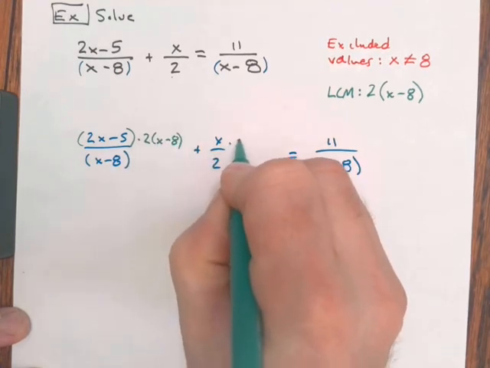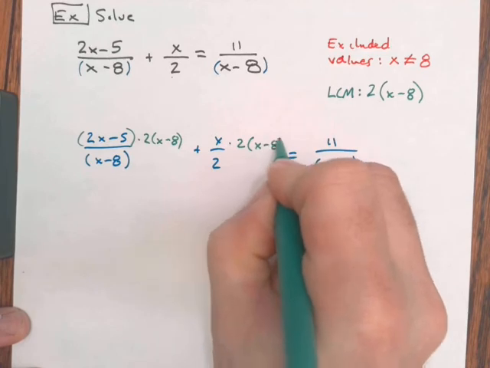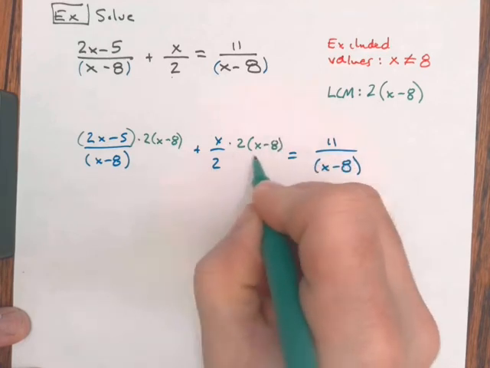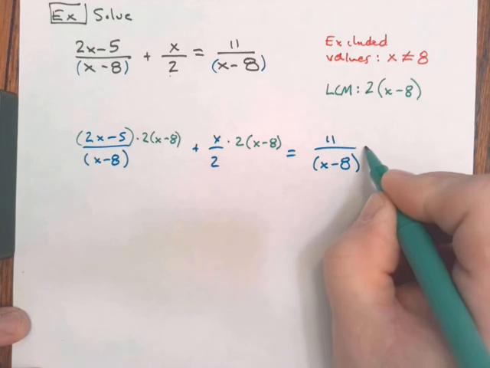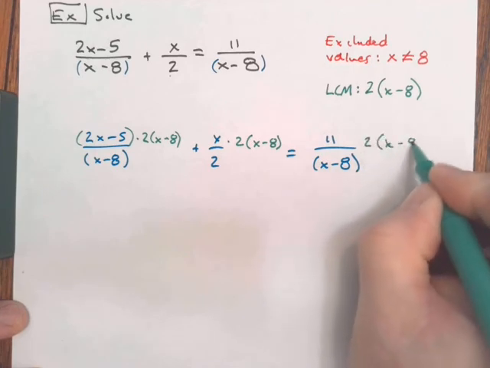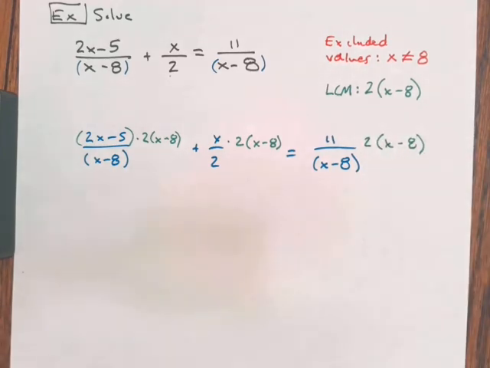When we're multiplying by this least common multiple, it does go on the top part of the fraction. It's over 1. I'm not going to put those 1s there, but it is over 1.